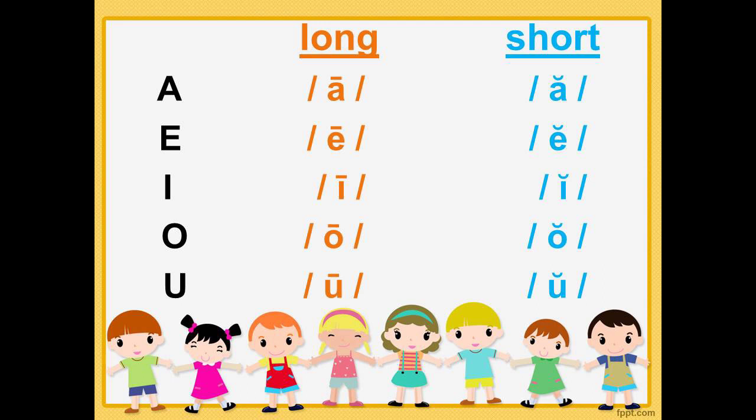For the letter I, the long sound is I, and the short sound is ih. For the letter O, the long sound is O, and the short sound is aw.